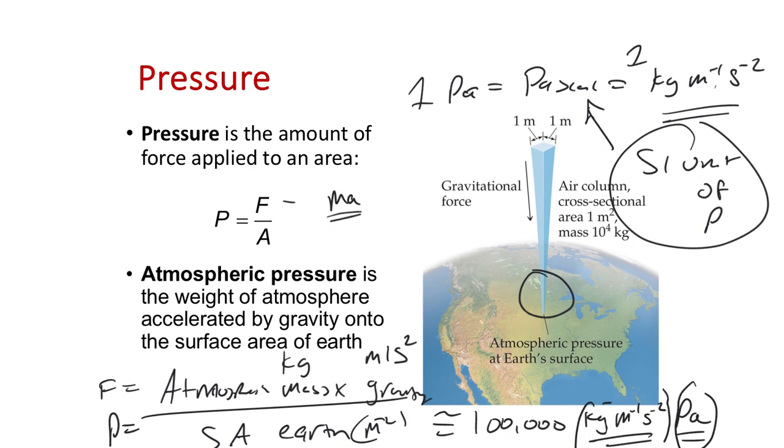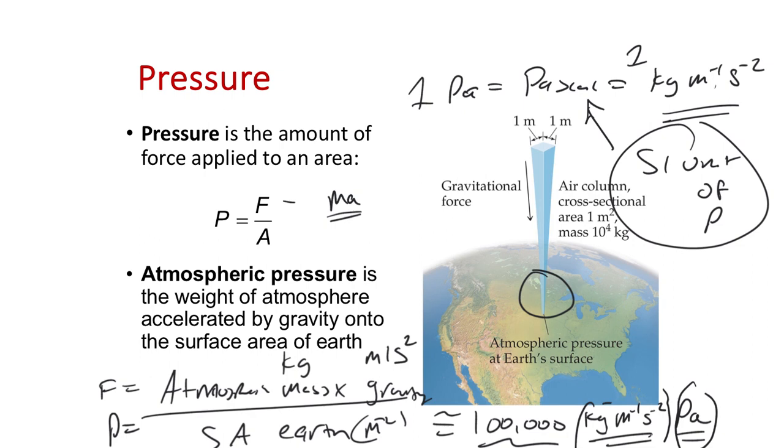It may be hard to imagine that above a square meter, all the way up into the atmosphere, there's 10,000 kilograms of mass being accelerated down at a rate of about 9.8 meters per second squared for gravity, is where you get that approximate 100,000 value for the pressure in that unit of kilograms, meter to the -1, second to the -2, or what we call 100,000 Pascal.